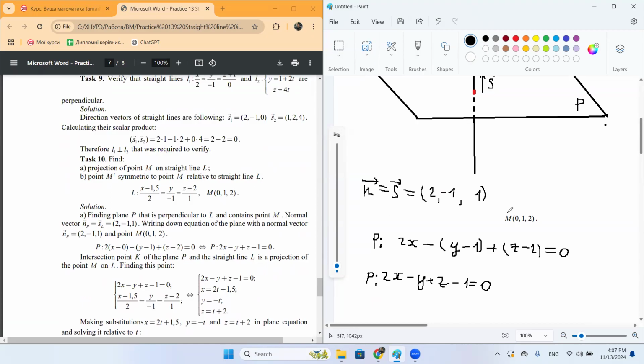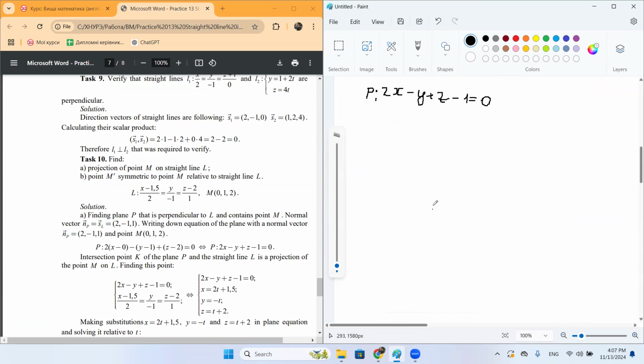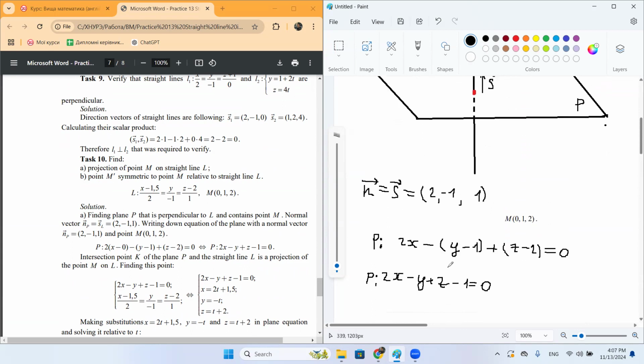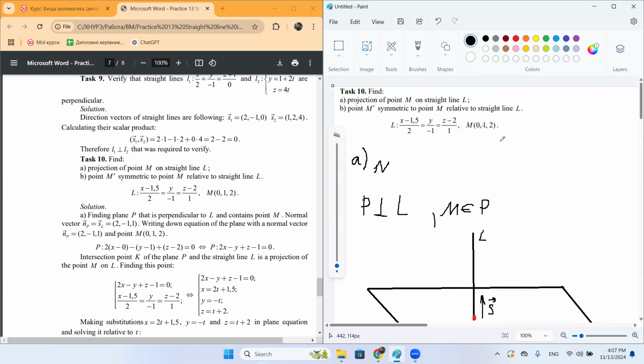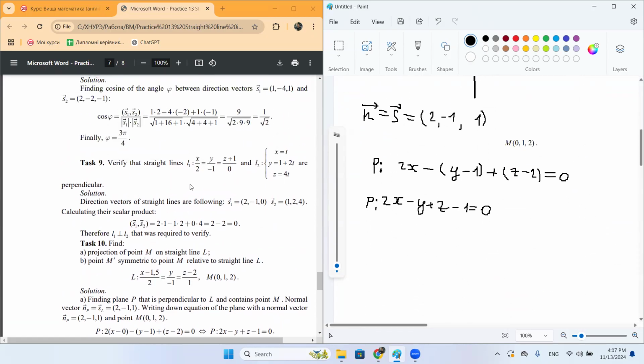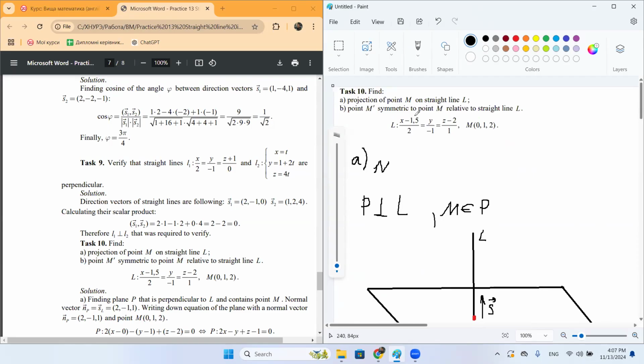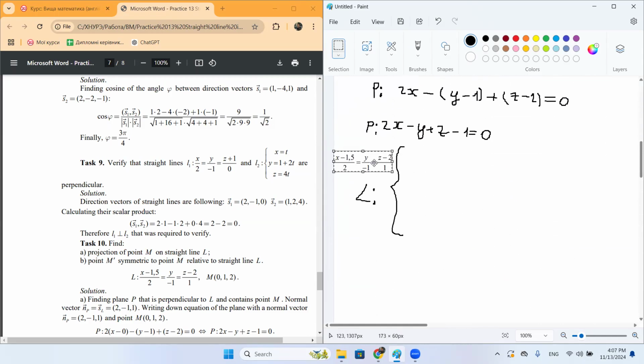And now we're doing the same that we were doing before. We need to find the intersection point of plane P and straight line L. So we need to transfer to the parametric equation of L. Let me copy and paste it, just for our convenience.